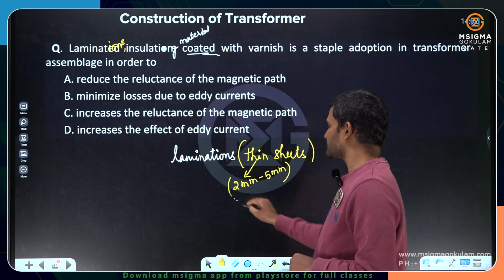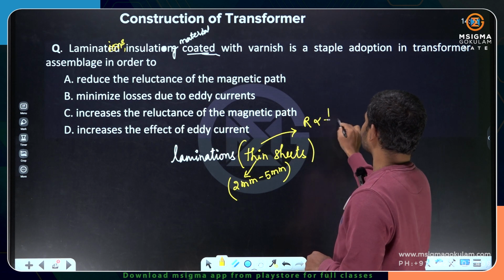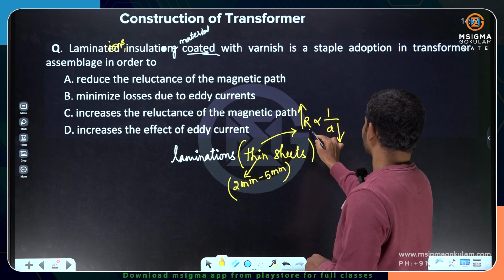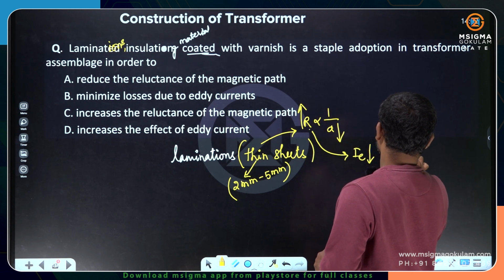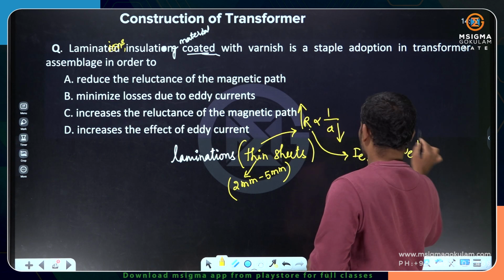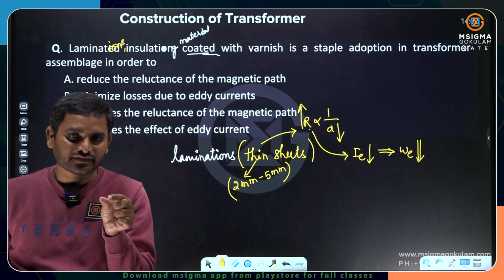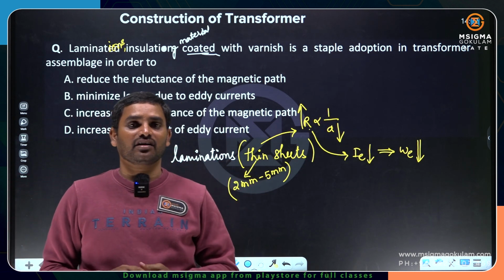Because of the smaller area of cross section, the resistance offered by the core material is going to be very high. If the resistance is very high, the eddy current is going to be reduced. If the eddy current is reduced, eddy current loss also reduces. If the resistance of the core is more for a smaller area of cross section, eddy current strength will be reduced and hence eddy current losses reduce.